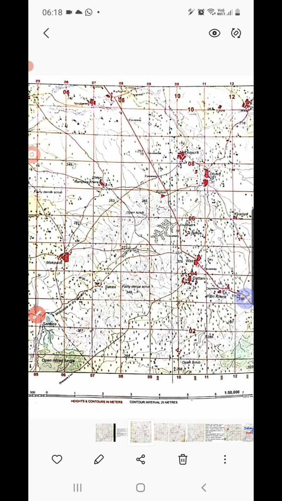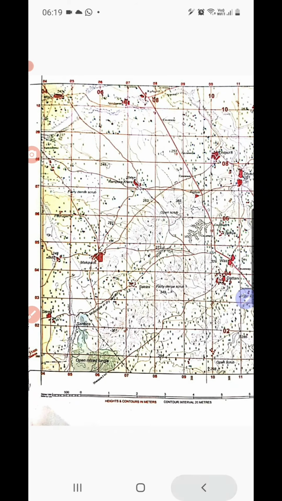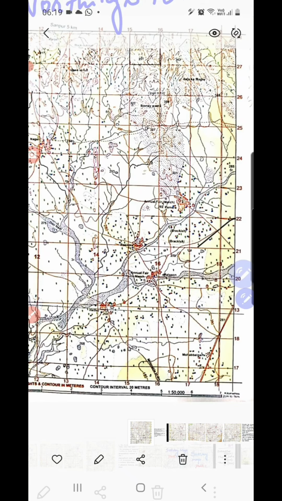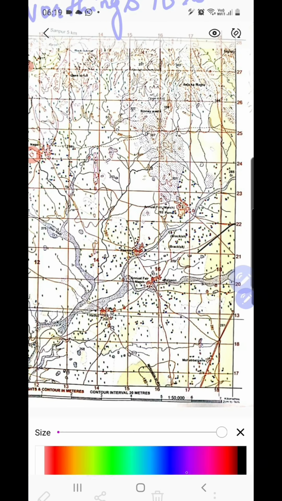Statement scale is also given here, which is 2 centimeters to 1 kilometer. You see, 2 centimeters to 1 kilometer is the statement scale, and this is the RF scale, 1:50,000. At the bottom, the linear scale is also given.